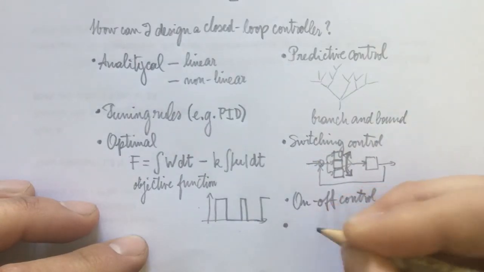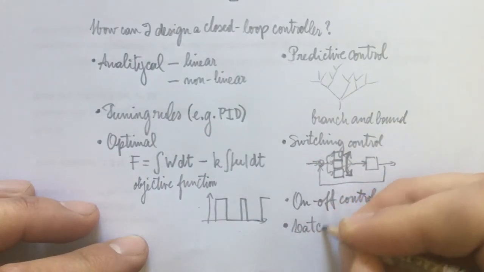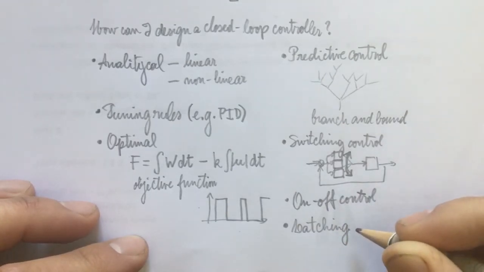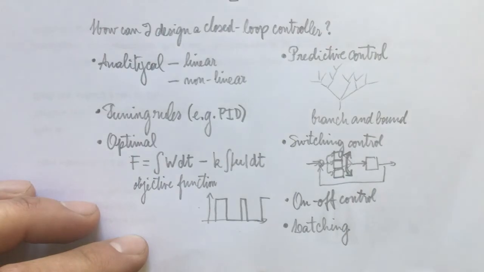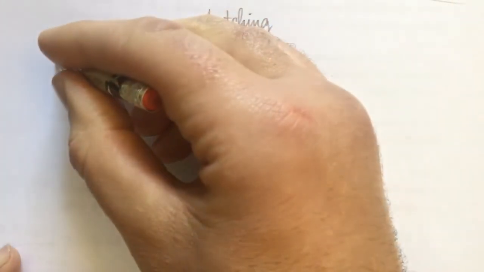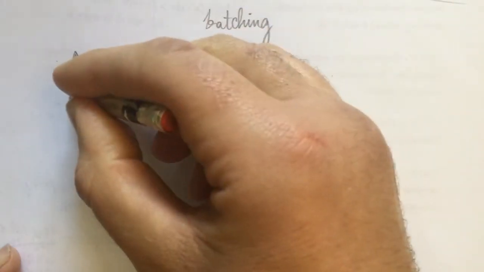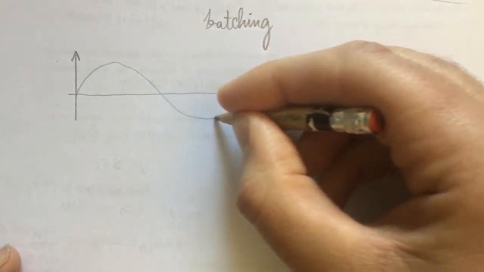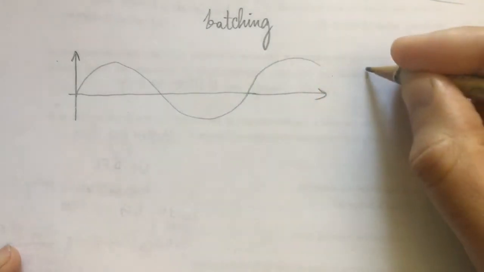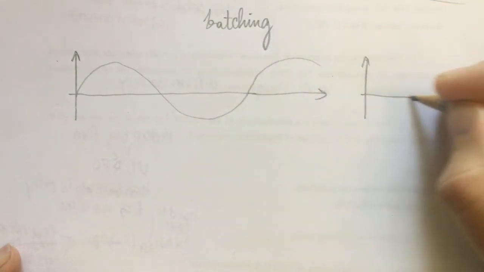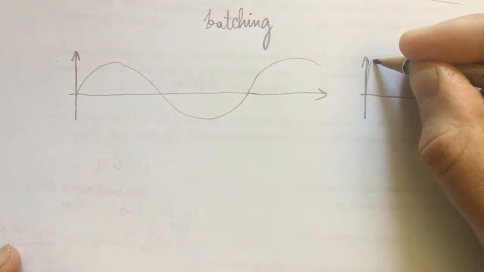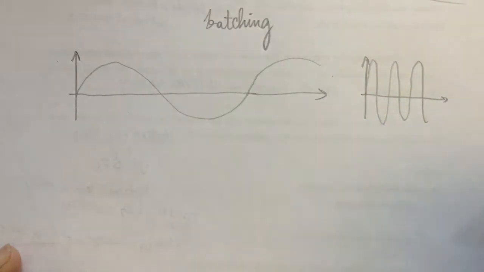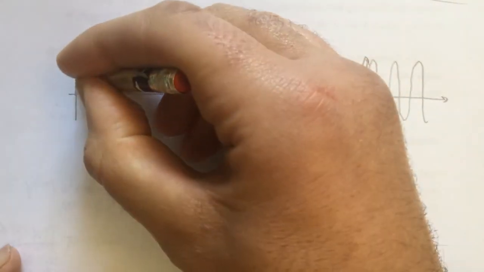And finally, we have latching. Latching deserves an additional explanation, even though you've probably already studied what latching is. In latching, the reference that I want to follow has a period which is much larger than the natural period which I would otherwise obtain. So what do I do?